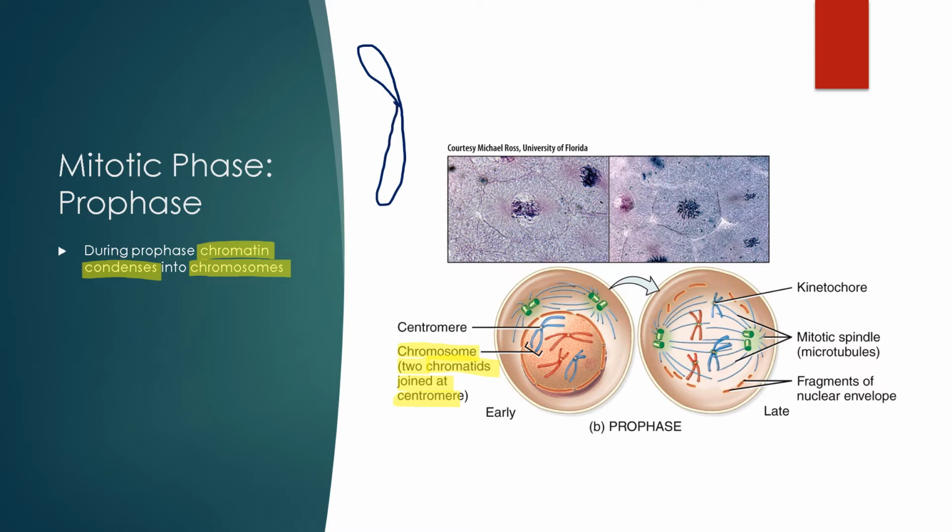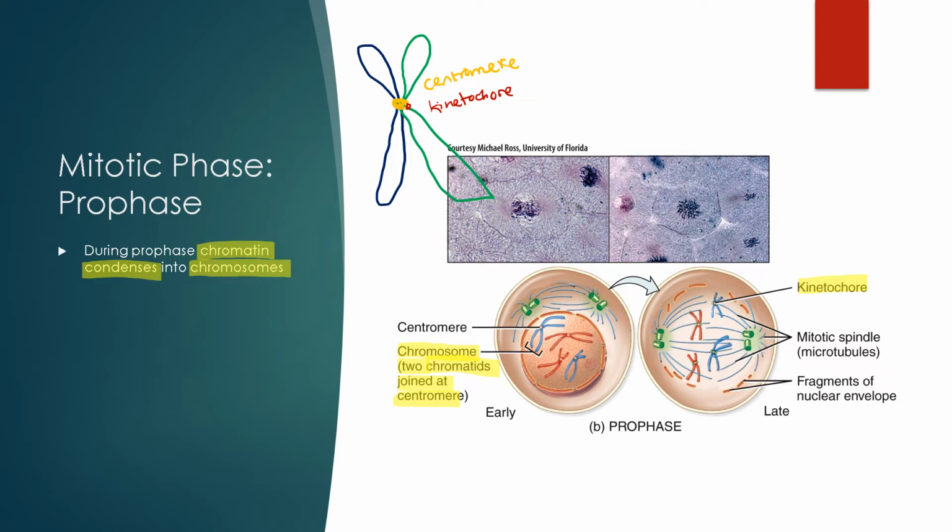I'll draw in a different color, but these chromatids are going to be identical to each other, kind of. And in the center here, this is where we have the centromere, this constricted region holding those chromatids together. And just outside this centromere, kind of like right here, we have this protein complex that is known as a kinetochore. You can see this is labeled here.